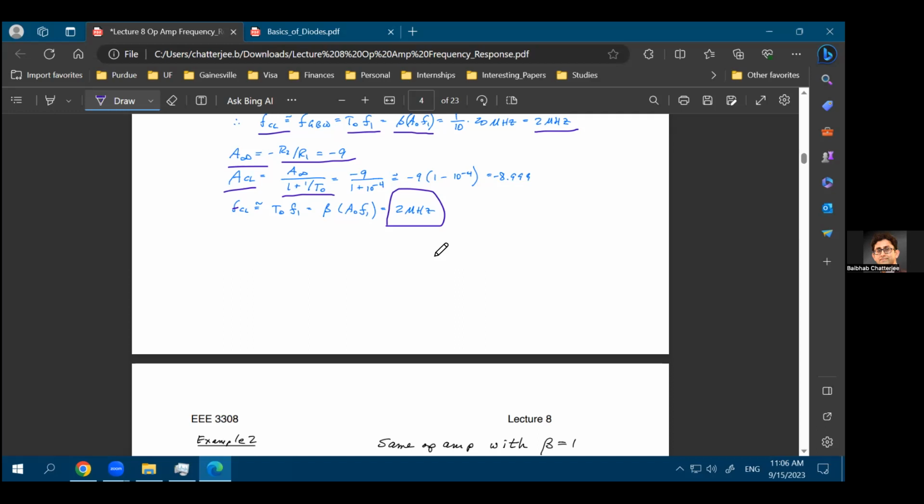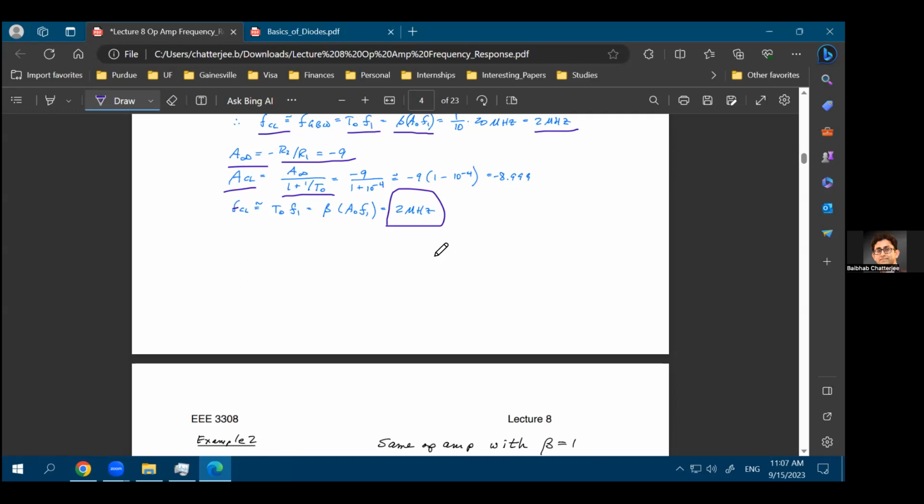Gain multiplied by frequency. And why is it true that at this point your gain is equal to 1? So this is not gain equal to 0. Gain equal to 0 will be further below. So let's say at this point the value of the y-axis is equal to 1. This is the frequency at which your gain becomes 1.